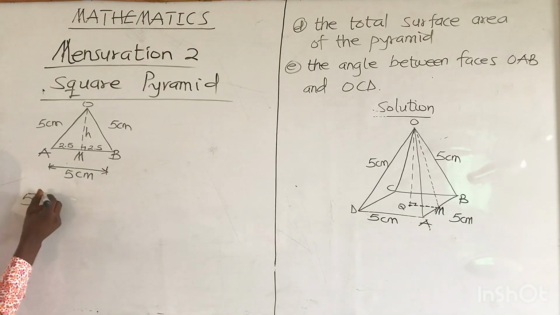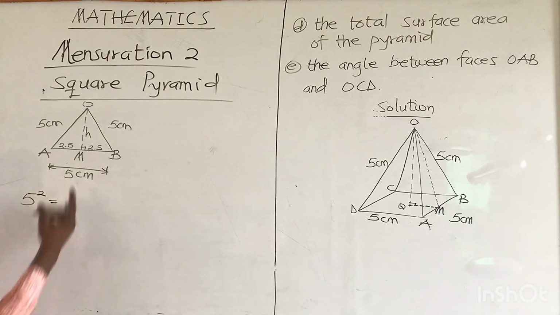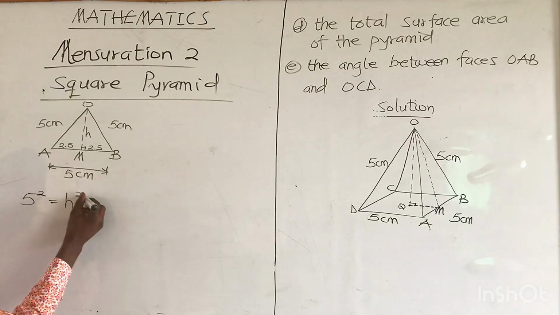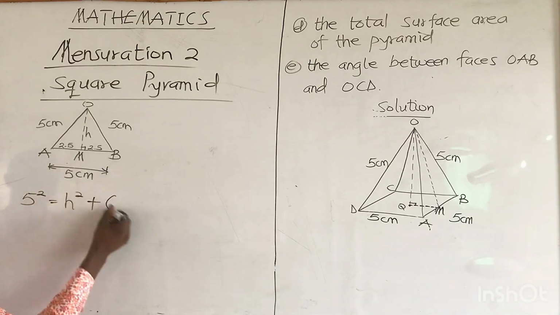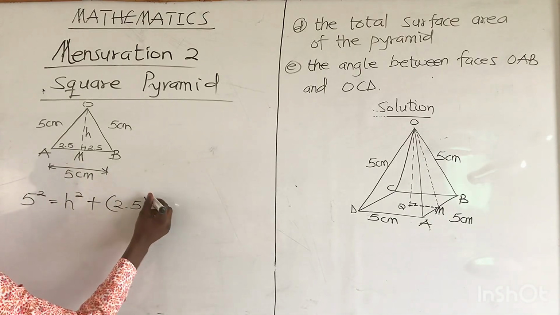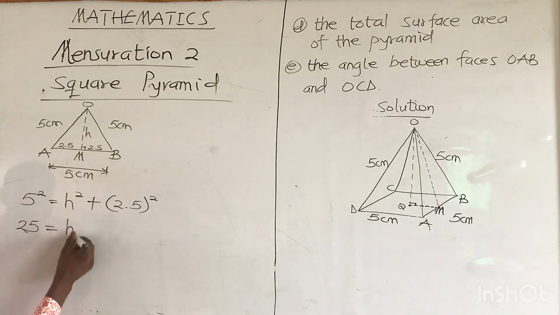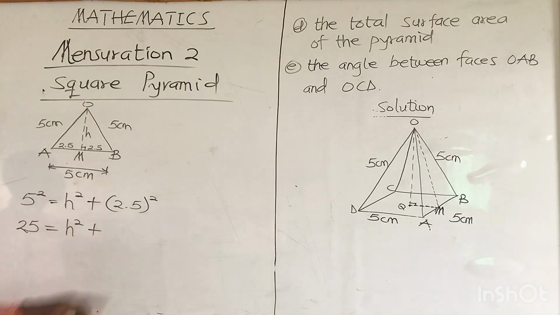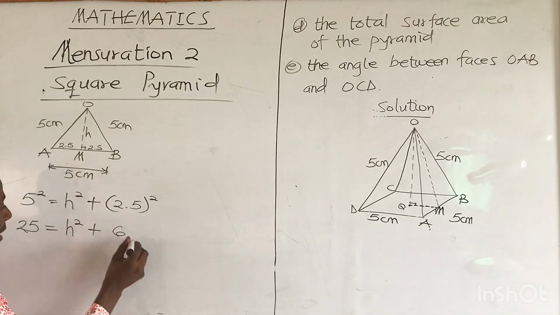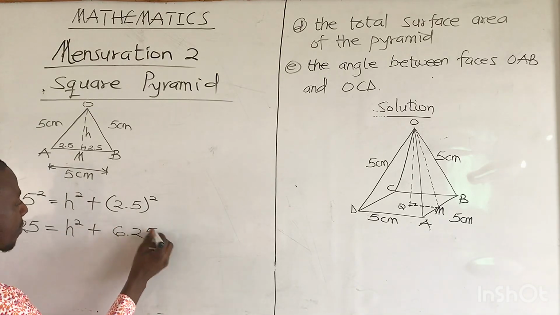So I have 5 squared is equal to h squared plus 2.5 squared. So 5 squared gives 25, which is equal to h squared plus 2.5 squared, which is 6.25.